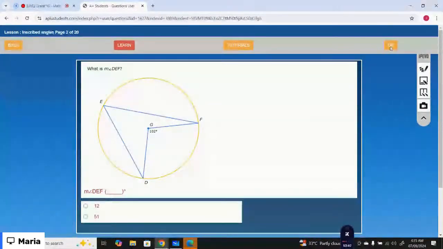What is the measurement of angle DEF, which is the correct option? That is 51 degrees. Option number 2 is the correct option.